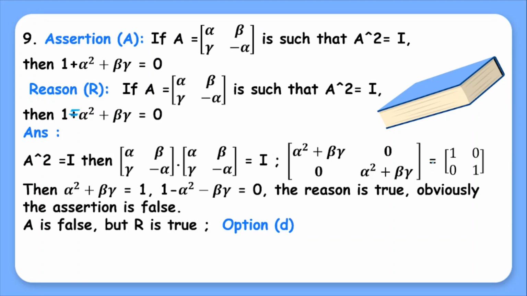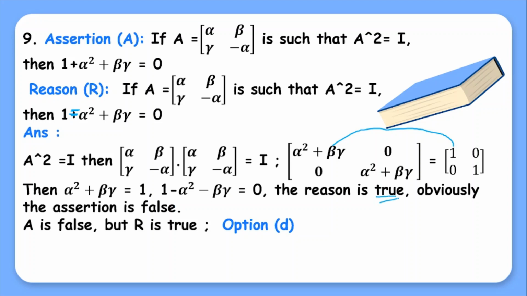They told it is equal to identity, so equate it to identity. Compare the corresponding elements: alpha square plus beta gamma equal to 1. Right? This is what we mentioned here. Alpha square plus beta gamma equal to 1. So the reason is true.